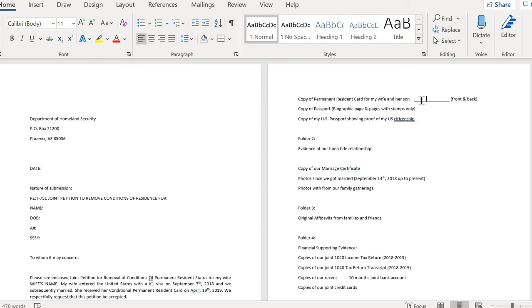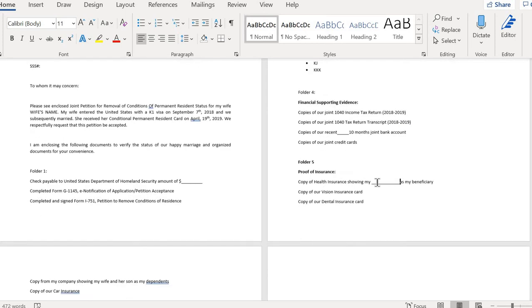So I'll include both of our copies of our resident cards, for me and my son, copies of passports for both names, my name and the name of my son as my beneficiary, then a copy of a vision insurance card, a copy of a dental insurance card, as well as a copy from my company showing my wife and her son as my dependents, and a copy of our car insurance.